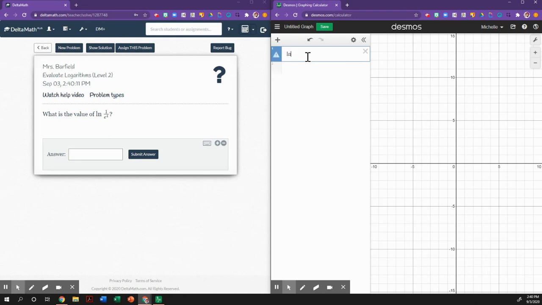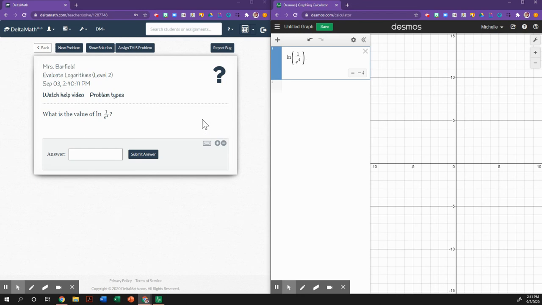ln of 1 divided by e to the 4, parentheses. Now, let me think here. I wonder if I can just type that one in, because I'm thinking because of the different bases. Yeah.